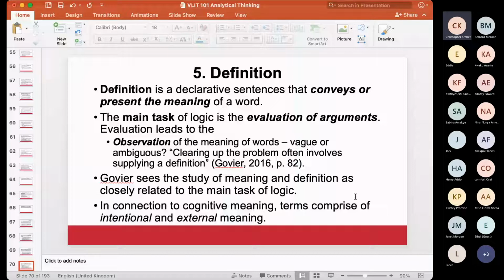We need to define terms sufficiently before we go our way. For instance, if you are using the word love and you know that the word love is vague, or the word light is vague, then what do you do? You have to define those terms sufficiently before you use them.